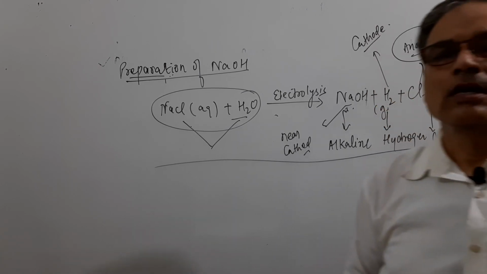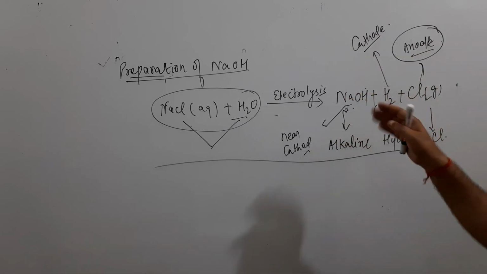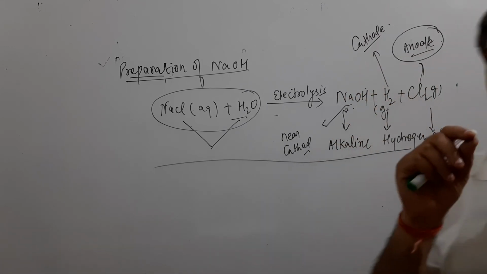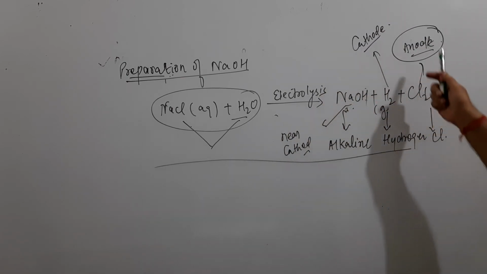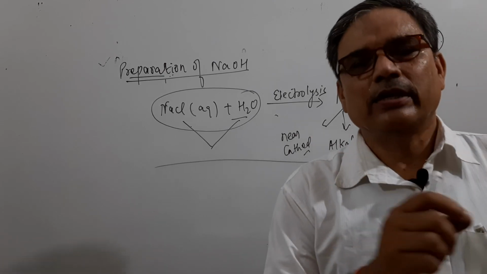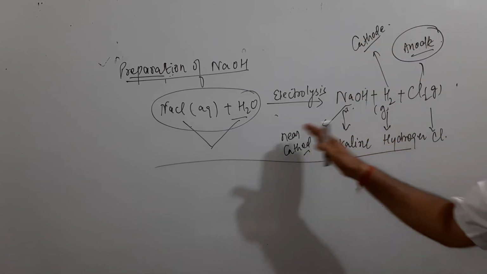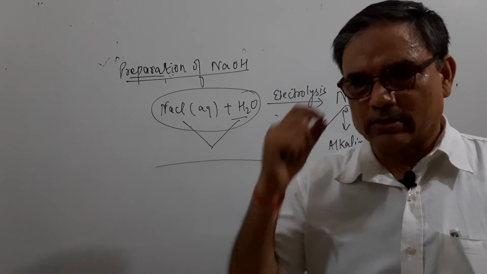Sometimes it is asked during the chloroalkali process where the chlorine, hydrogen and sodium hydroxide will be collected. Hydrogen is always collected at the cathode, chlorine is always collected at the anode, and sodium hydroxide is collected near the cathode. In this way we can obtain NaOH, which is also known as the chloroalkali process.